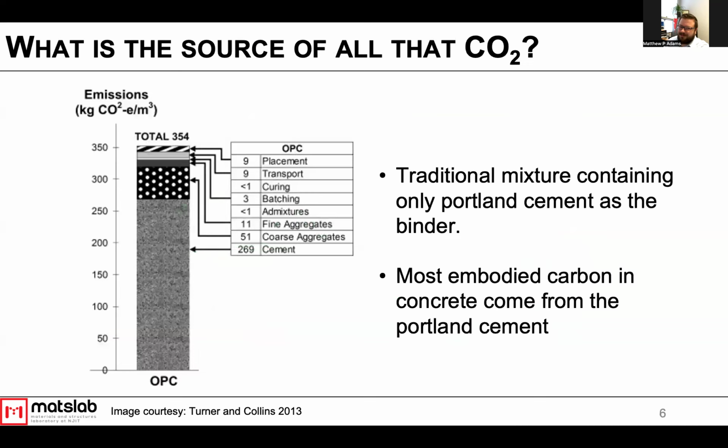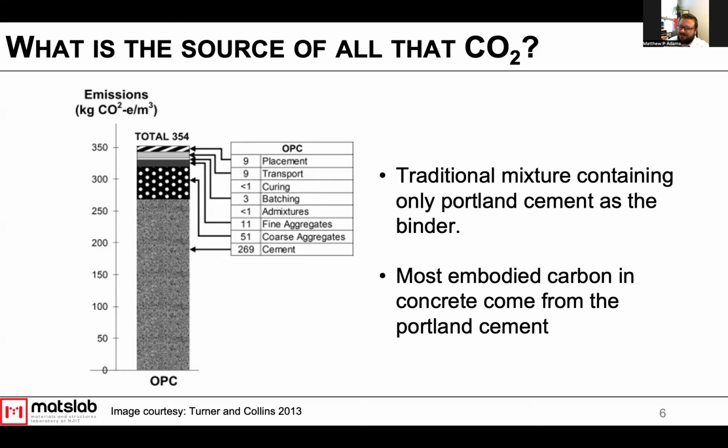In terms of concrete, the Portland cement is the majority of CO2 in most concrete mixtures, and that is really because the production of Portland cement requires a large amount of energy, and then also the breakdown of limestone, the calcination of the limestone, releases CO2 into the atmosphere.